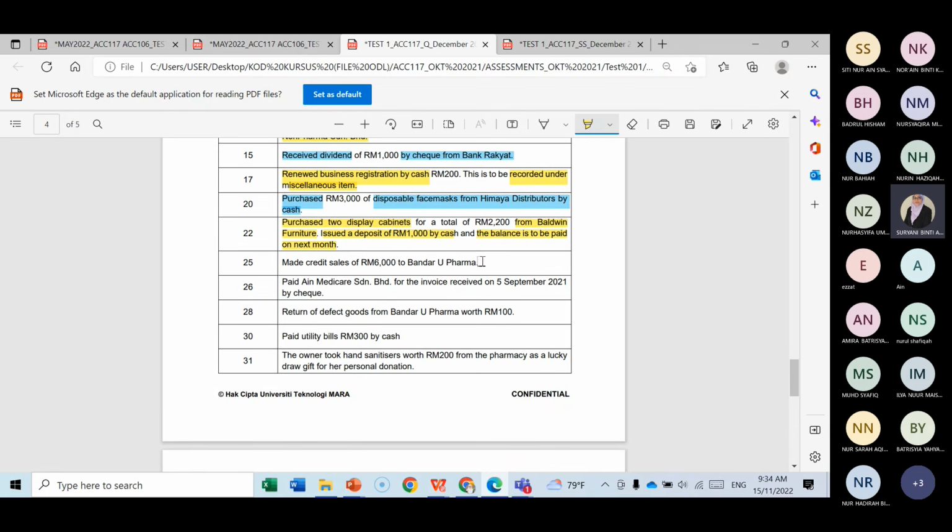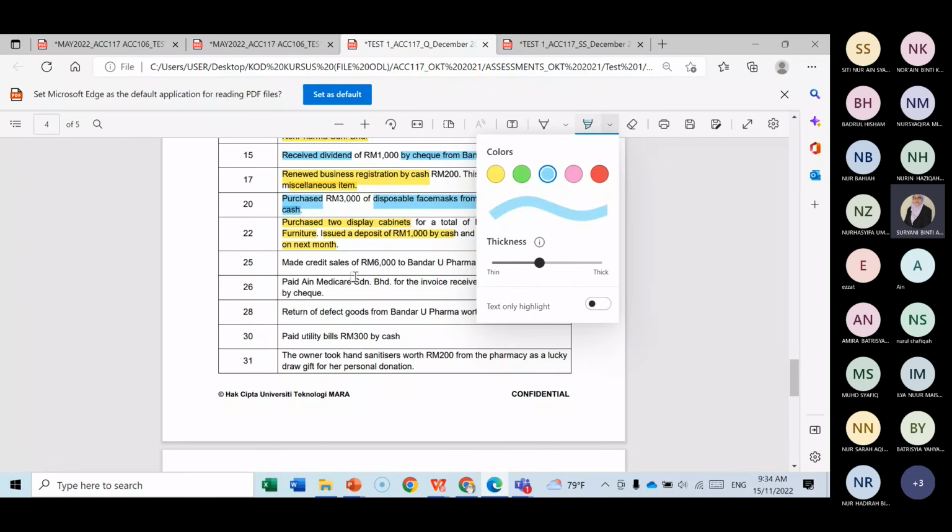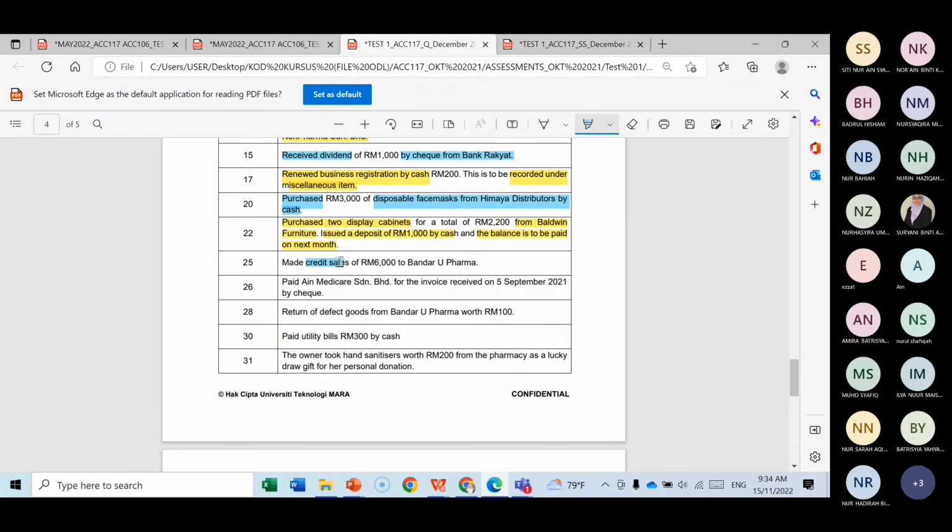On 25th of September, the keyword here, made credit sales to Banda U Pharma. You made sales but on credit. So increase in revenue and increase in asset.